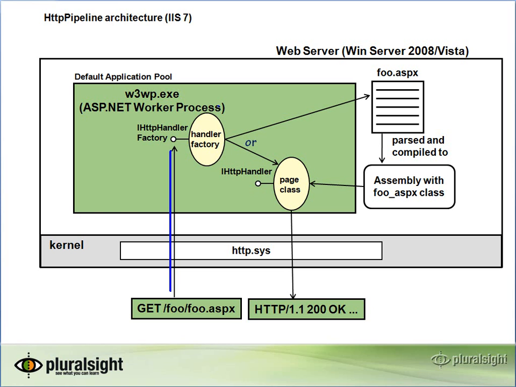And again, the same stuff happens over here that happened before, the whole parsing, compiling the first time, but then subsequent times it'll just load it directly from memory. So IIS7 obviates the need for the ISAPI model. If you don't want to use it, you can simply map things directly onto managed classes in ASP.NET.